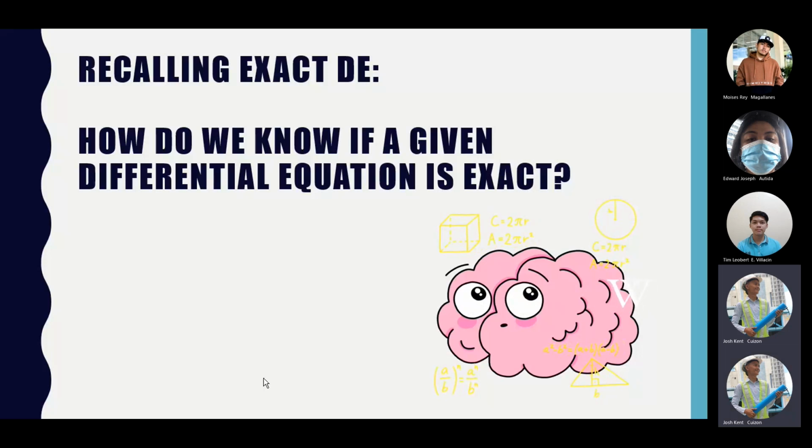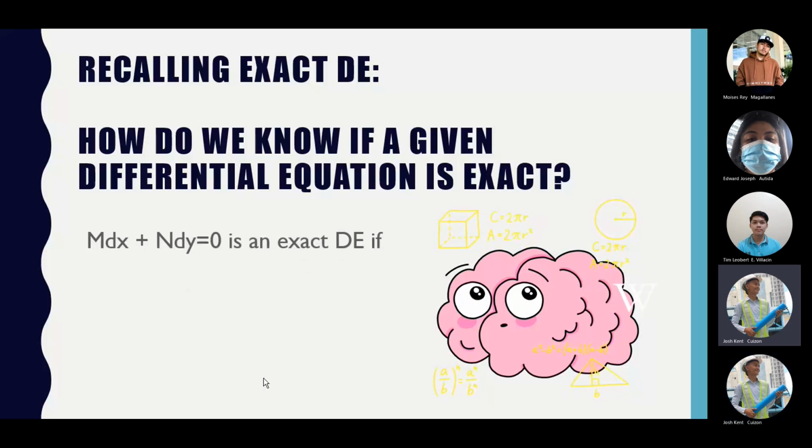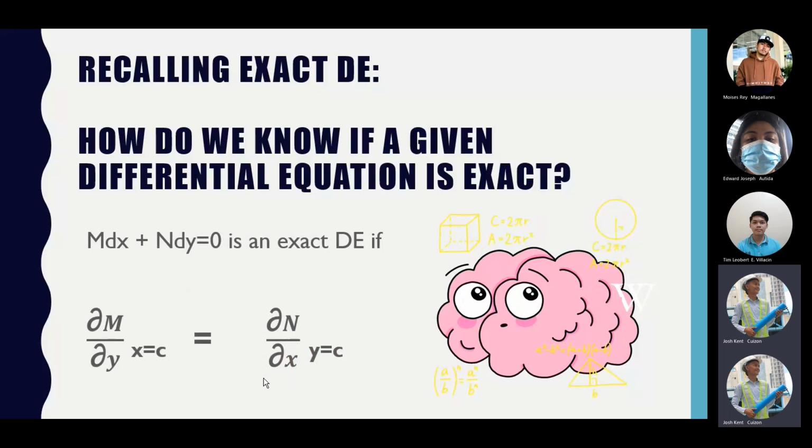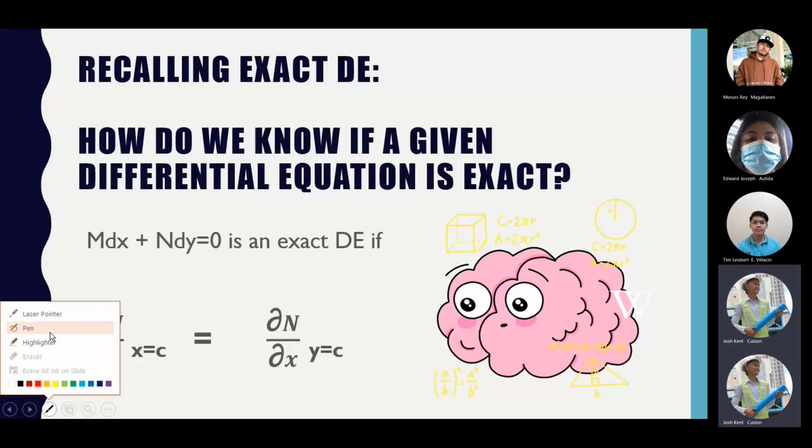Based sa ato ang lesson before, we can consider a differential equation to be exact if the partial derivative of M with respect to y is equal to the partial derivative of N with respect to x. So, unsay pasabot aning x is equal to c and y is equal to c diri kaning highlight.